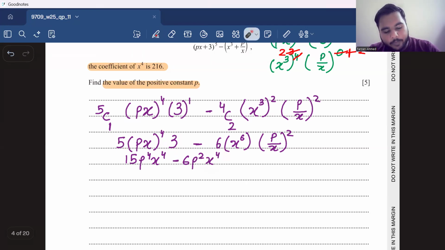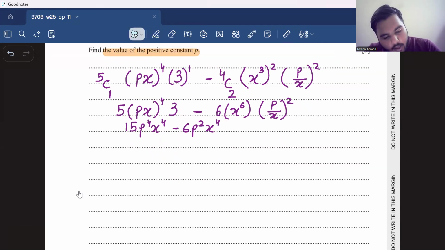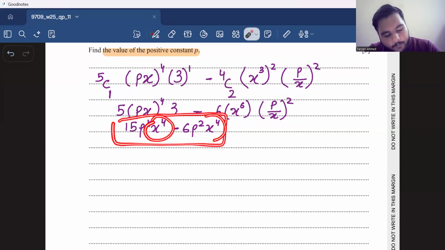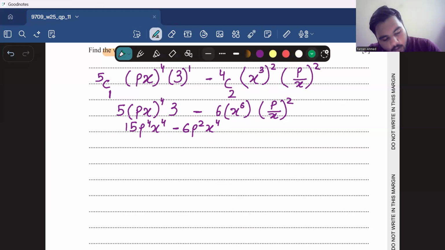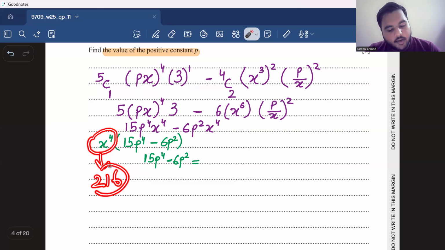I have told you before how I got x raised to power 4. Now from here, x raised to power 4 will be common, in the bracket 15p raised to power 4 minus 6p squared. The coefficient of x raised to power 4 is 216, it is given in the question.